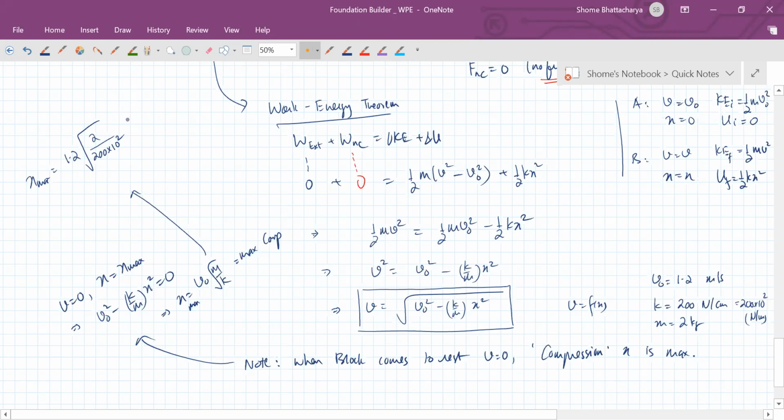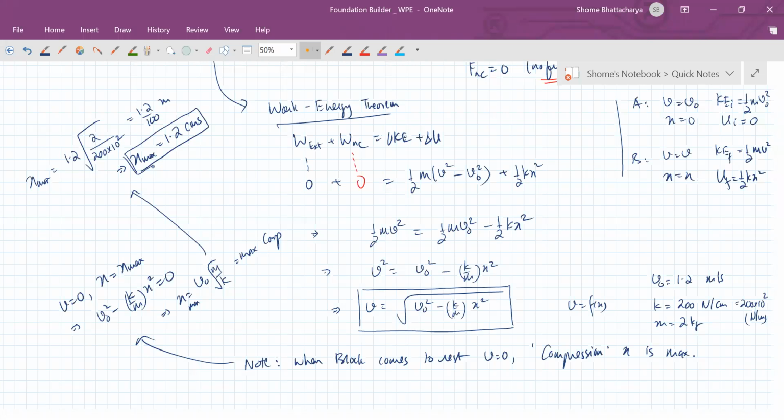So this will become 1.2 divided by 100 in meters, or maximum compression we'll get is 1.2 centimeters. So this tells us that when the block is coming at a speed of 1.2 meters per second and hits against the spring, it suffers a maximum compression of 1.2 centimeters. Make a note of this, please.